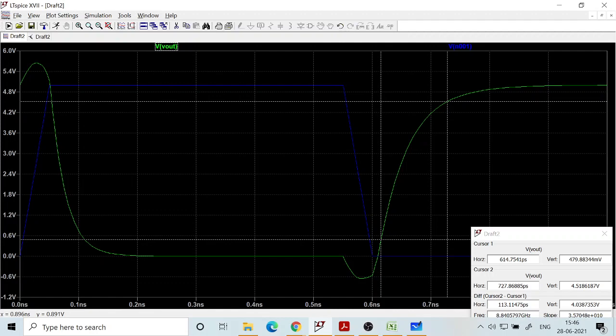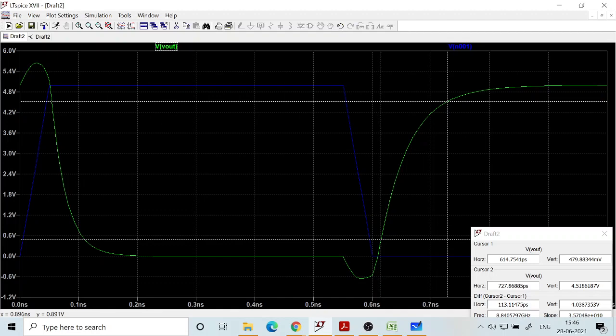So this is like the 2 points I have taken in the class, x and y, or u and v, or something like that I took. So TV minus TU, right? So that was basically our rise time, T rise. So what is the higher time? That is 727 picosecond minus 614.